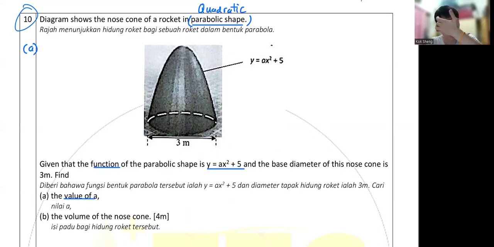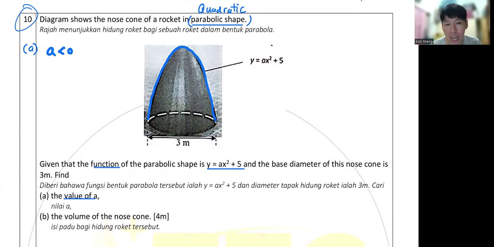It is a sad face, which means the a value will be negative. But they're not asking for range. They're asking for the value of a. So you have to get the exact number, okay?